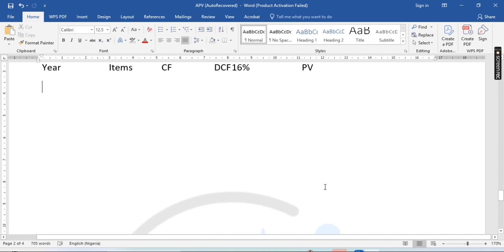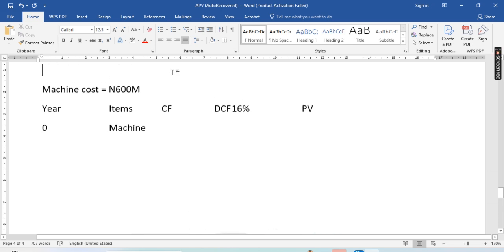The main thing is to calculate the cost of the ungeared company. So machine cash flow, I need to add 0 here, so that it will indicate that.